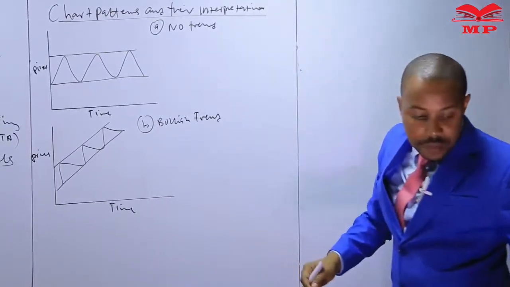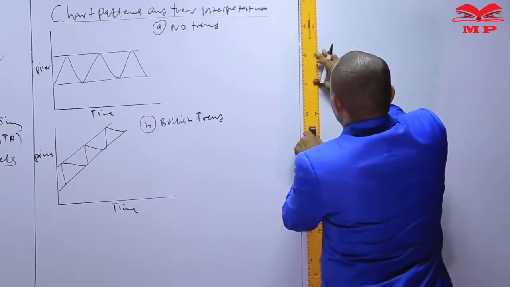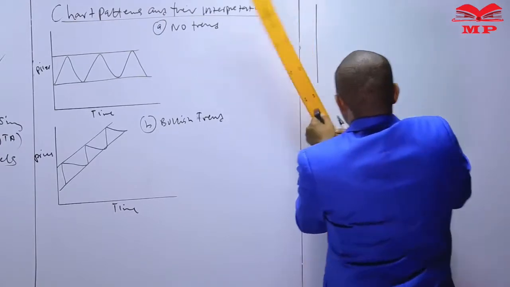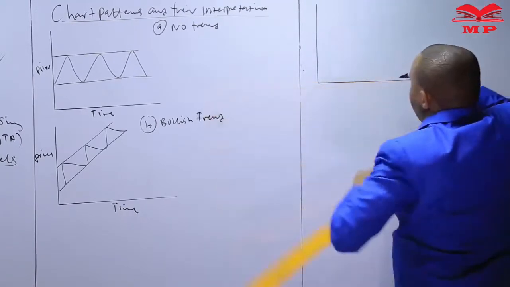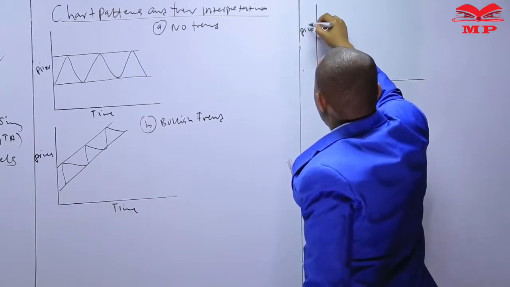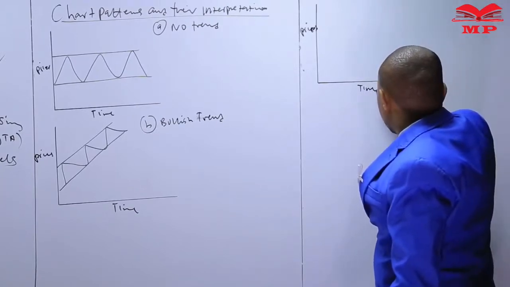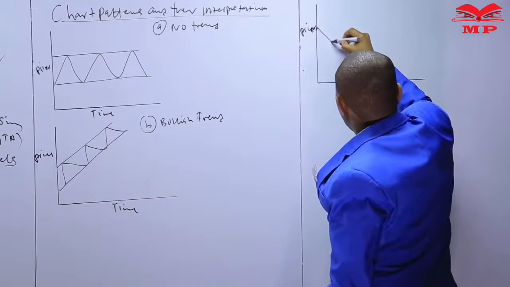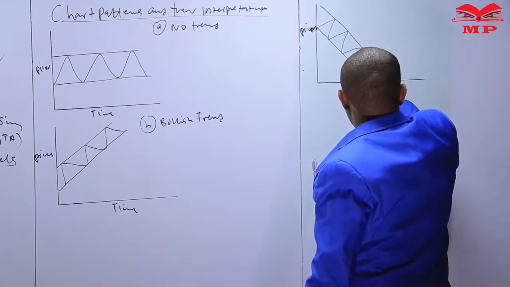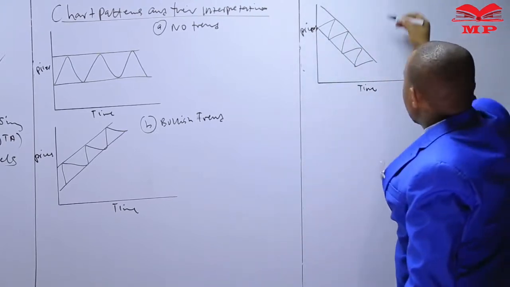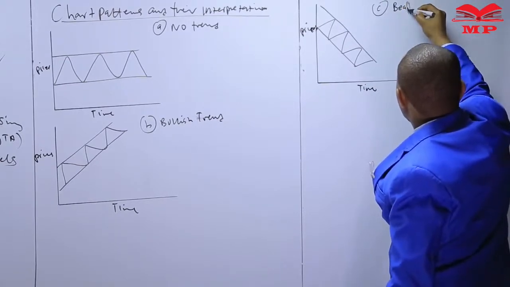So we can draw the graph right over here. Bearish trend. This is prices against time. Now we can draw something like that, where we have the security price or asset price moving down. So this is C, bearish trend.